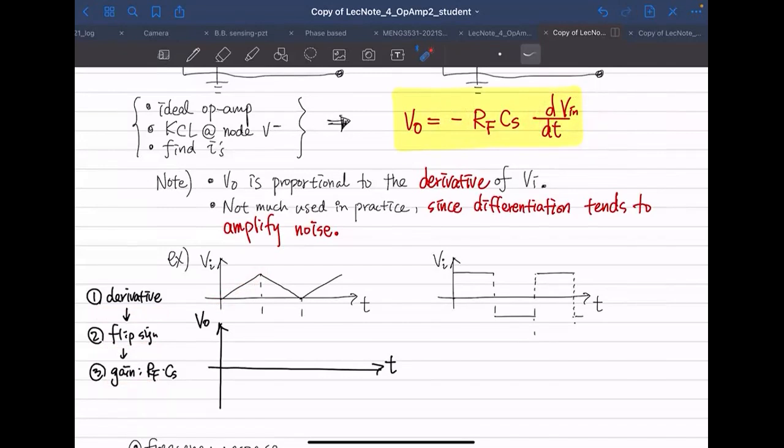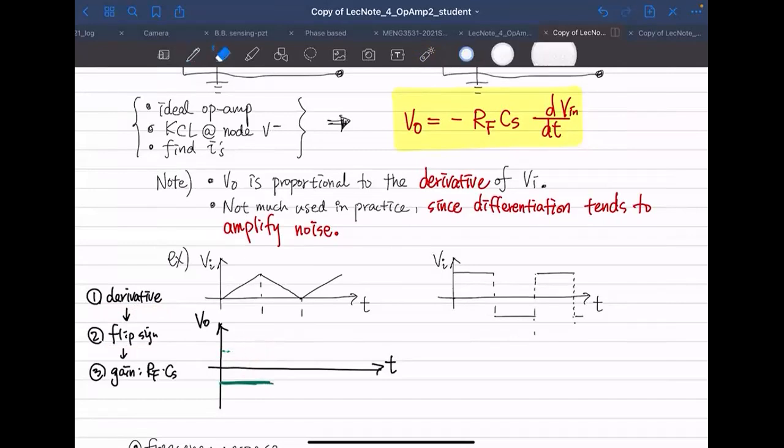And this is a positive ramp, so it's going to be a positive straight line like this, right? So that's the first step. And then we flip the sign. So this is a positive straight line. I just flip the sign, and then that becomes a negative straight line.